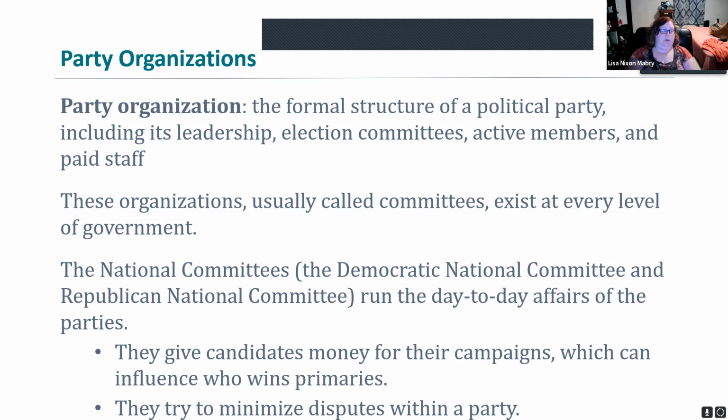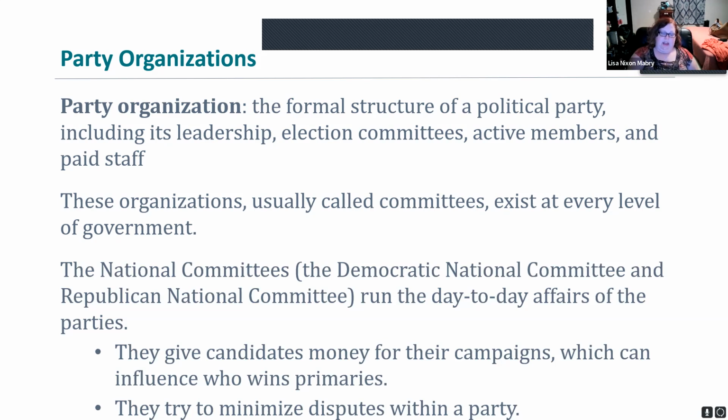It can influence who wins primaries as well, because remember, primaries, depending on the state, like Florida, we're a closed primary state. So that gets kind of tricky, right? Because multiple people of the same party are running, and when the political party formally backs one particular person, it's very tricky business, and it has to be done very tactfully, very politically, very carefully.